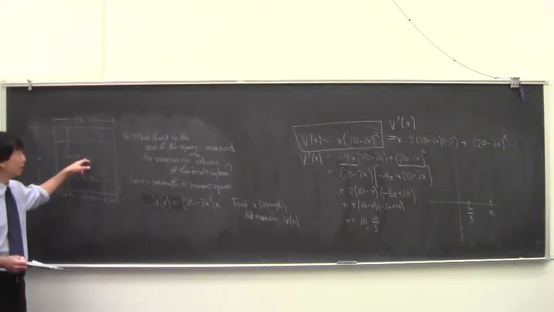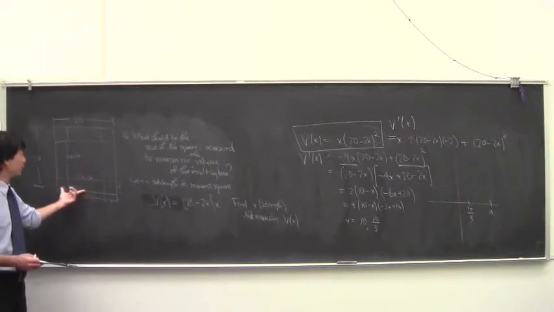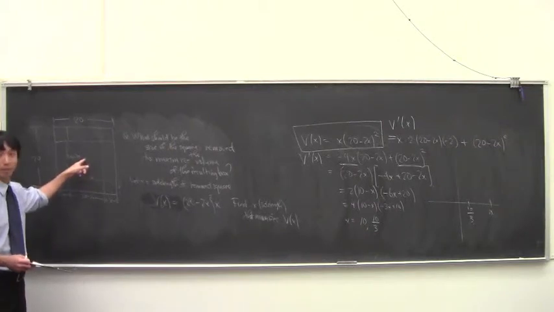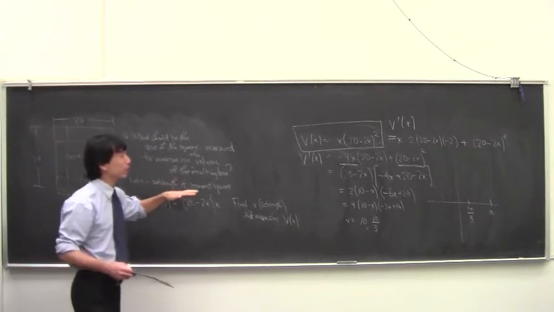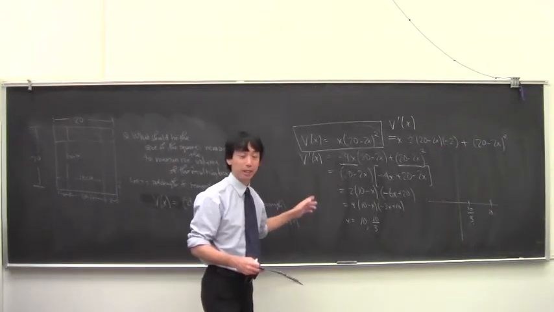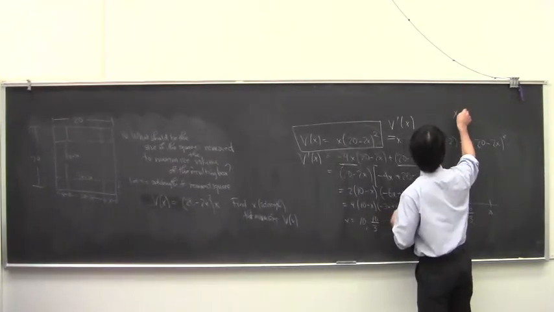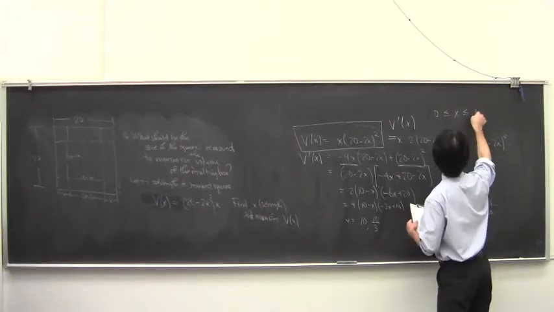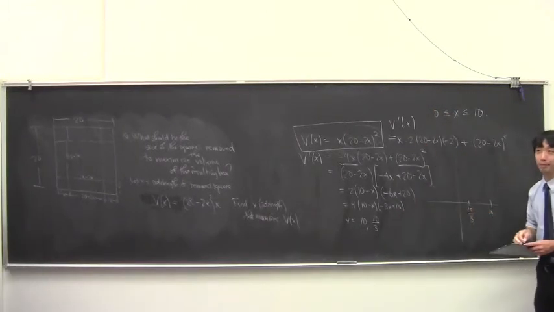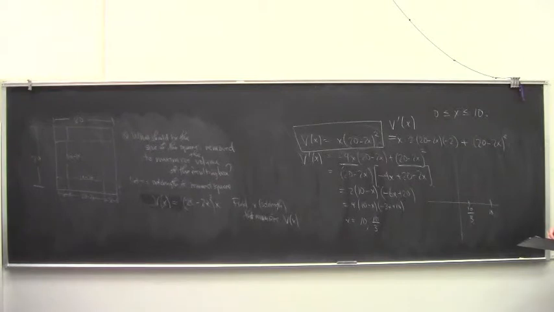If you cut out things of like 10, then you're left with nothing. So you could say that 10 is our endpoint. Again, from consideration, we know that x has to lie between 0 and 10. And 10 is clearly the minimum, because the volume of the box would be 0.